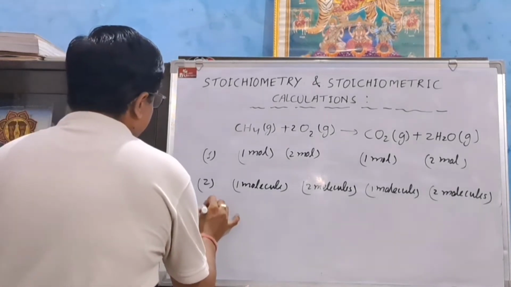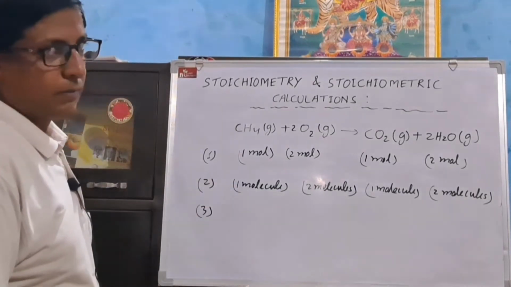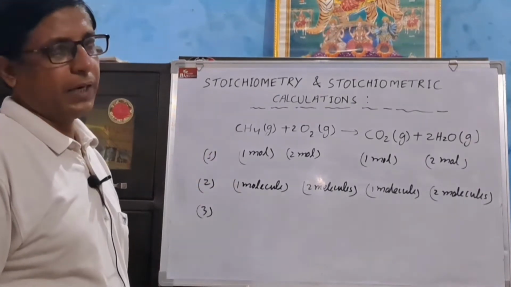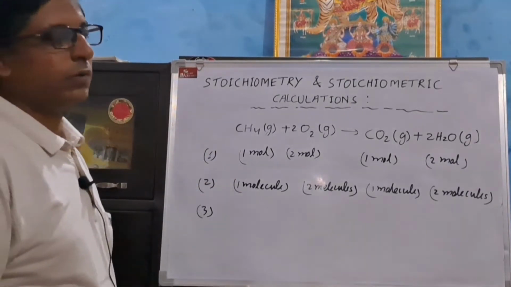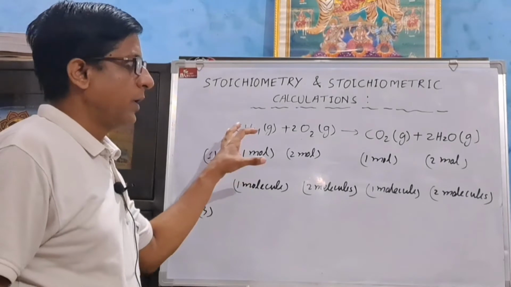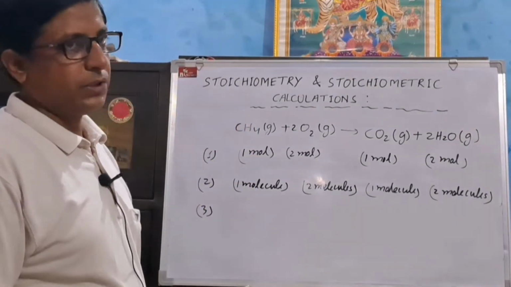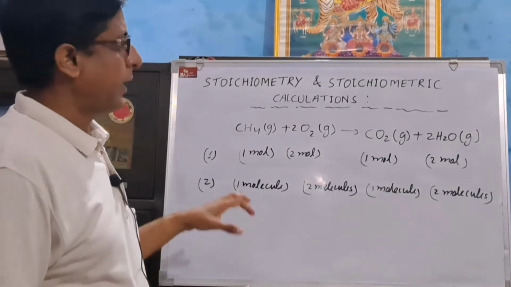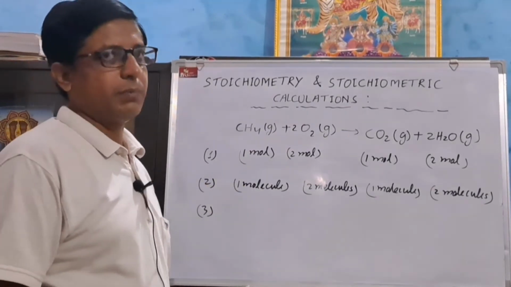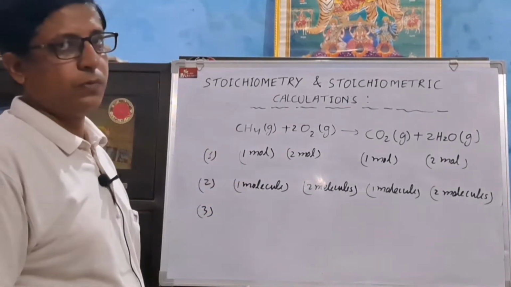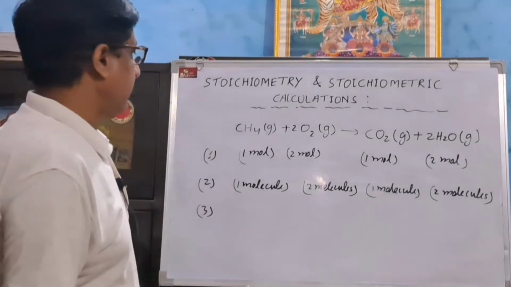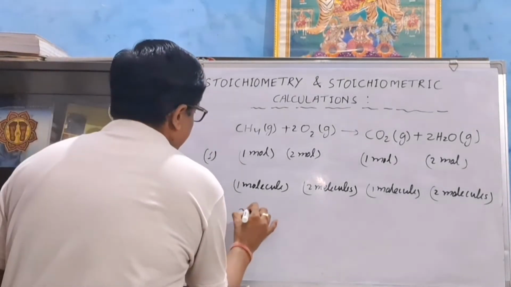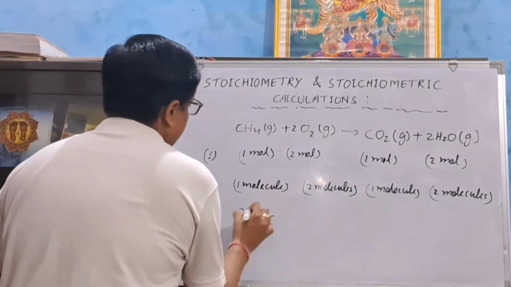The third interpretation of this balanced chemical reaction can be given in terms of volumes. We know that at STP, standard temperature and pressure, 1 mole of gas occupies volume 22.7 liter.